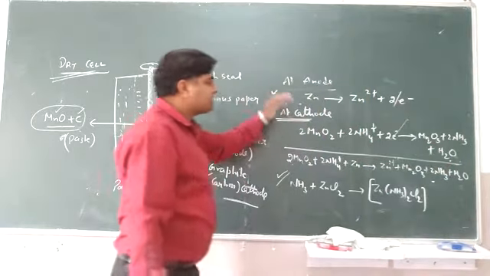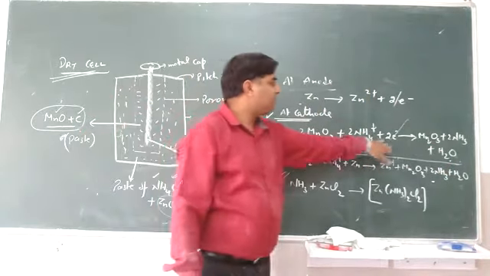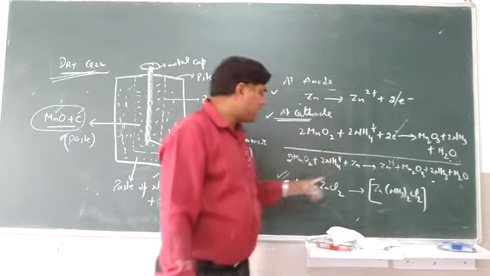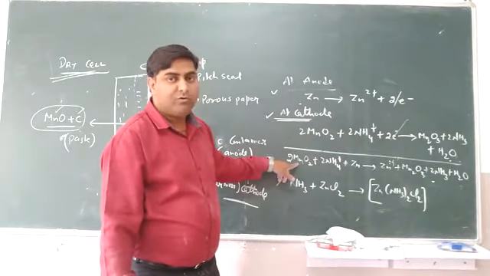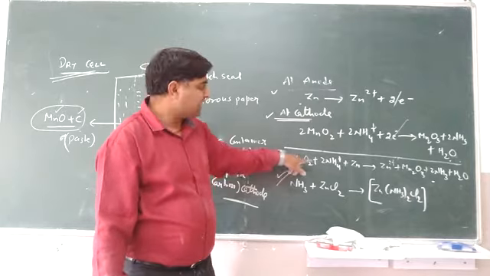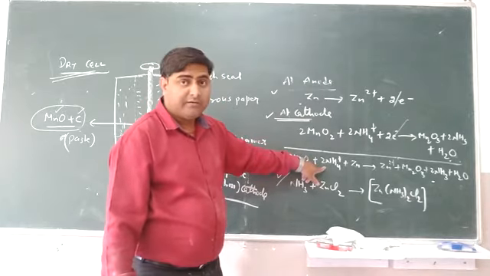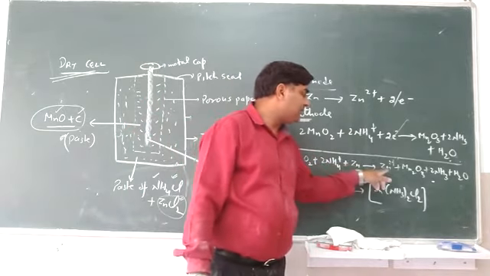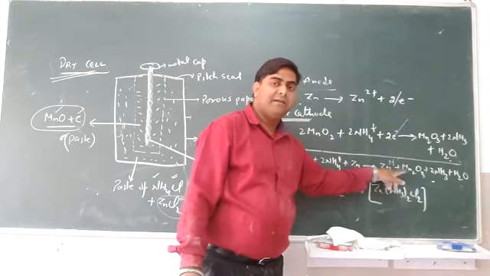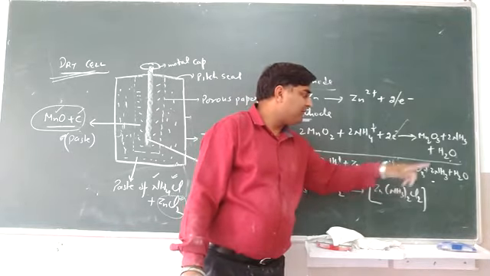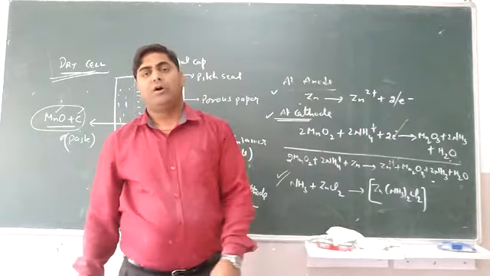When the 2 electrons cancel, the overall reaction will be 2 MnO2 plus ammonium ion plus zinc converted to Zn2+ plus Mn2O3 plus 2 ammonia plus water.